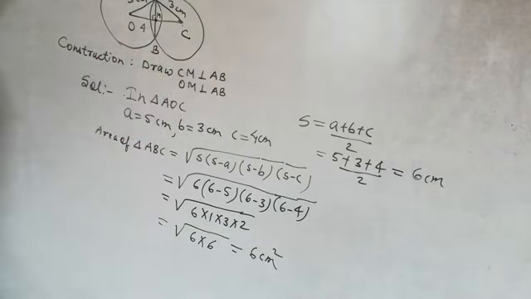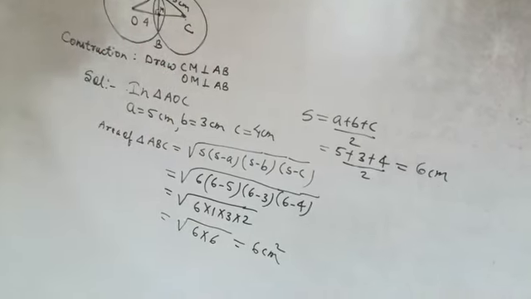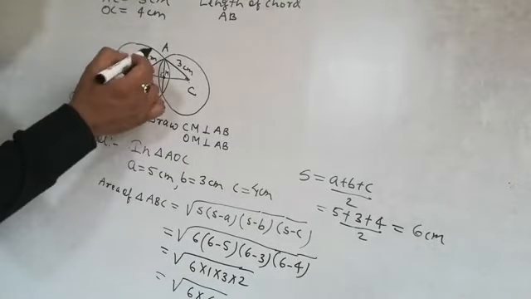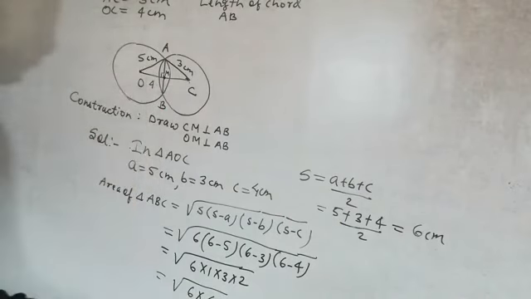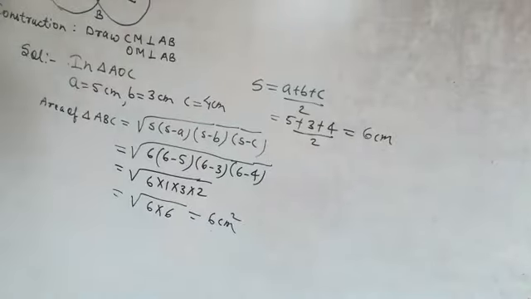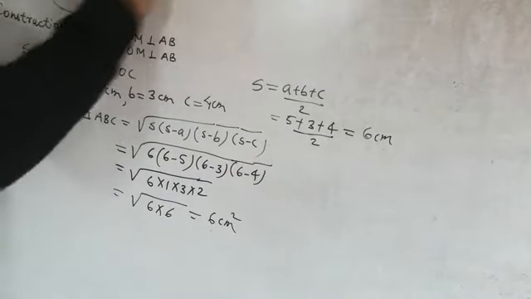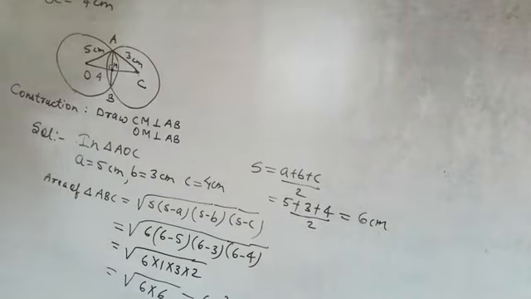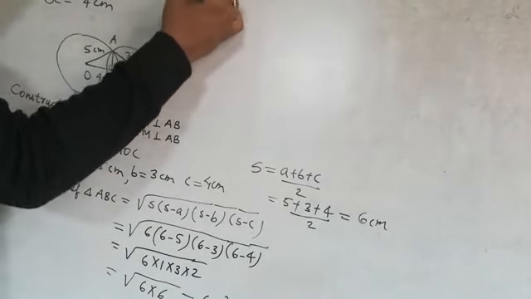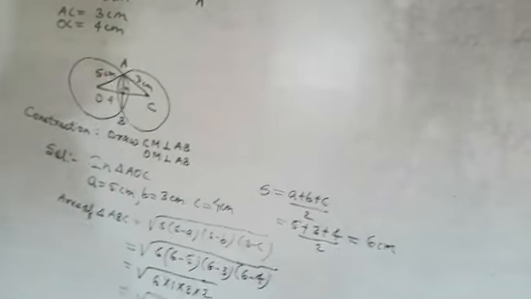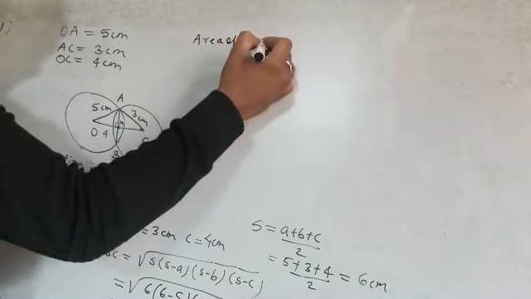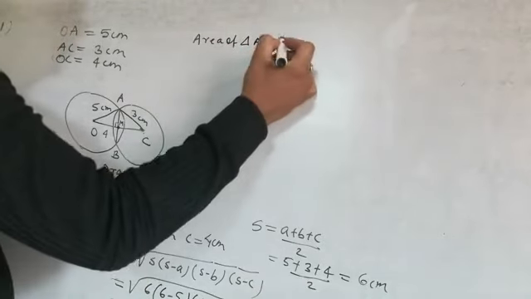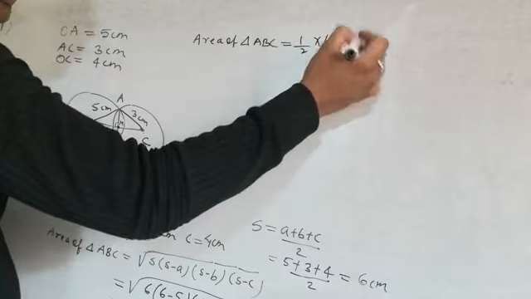Area of triangle ABC is half base into height.